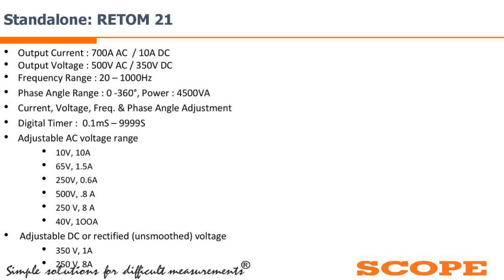With those various ranges we can test many of the substation equipment. After that we have given adjustable DC or rectified voltage for testing, that is 350 volt 1 ampere and 250 volt 8 ampere. So these are the specifications of the standalone RETOM 21.